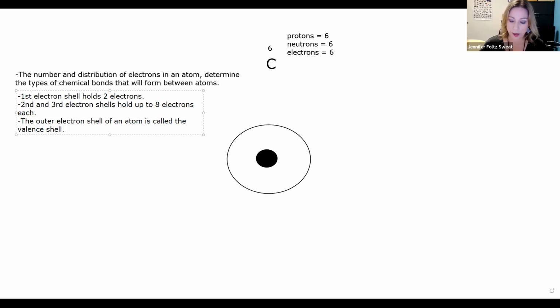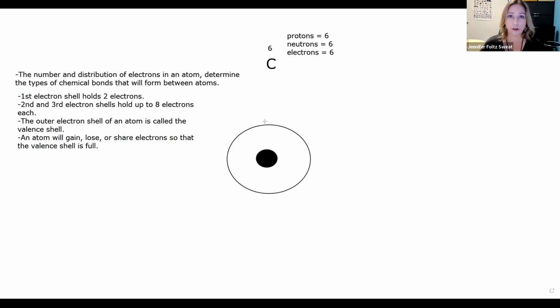I'm going to write one more thing, and then you should pause the video, write this down, and then continue to listen. An atom will gain, lose, or share electrons so that the valence shell is full. So go ahead and pause the video now. Hopefully you have all of that written down.